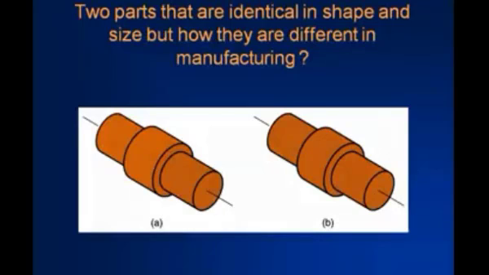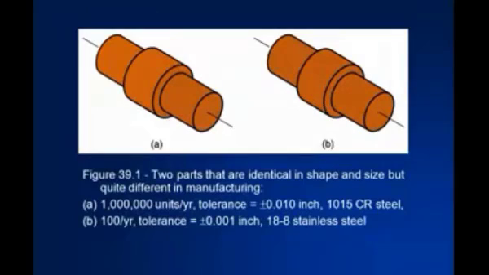So the reason is, if we produce part A, there are two scenarios. Part A is produced at 1 million units per year by a certain producer. Its tolerances are in the range of plus or minus 0.010 inches, and it is 1015 steel, so it is made from steel. The other, part B, is 100 parts per year.